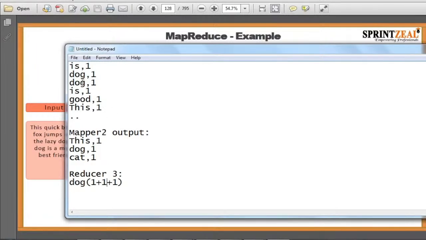So I need to shuffle these two dog keys from node number 1 and node number 2 and give them to node number 3 so that aggregation can happen over here, right? That's the shuffling phase.